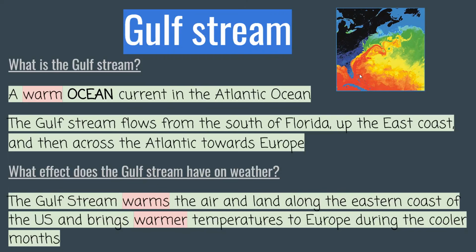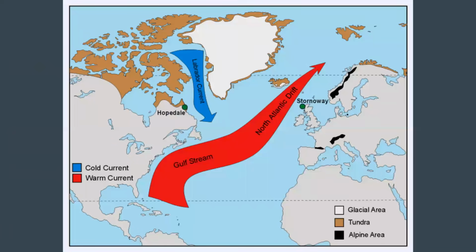You can tell in this picture with the warmer colors, the oranges, reds, and yellows, those are going to be your higher temperatures. So you can tell that the temperatures around Florida and up the eastern coast of the United States are warmer compared to the cooler colors, the blues and the greens. It also brings warmer temperatures to Europe during the colder months because it is taking that heat and transferring it up and over.